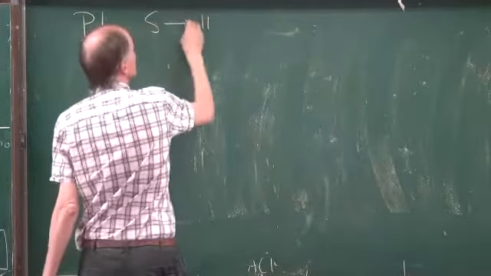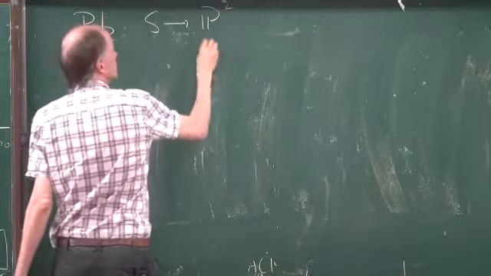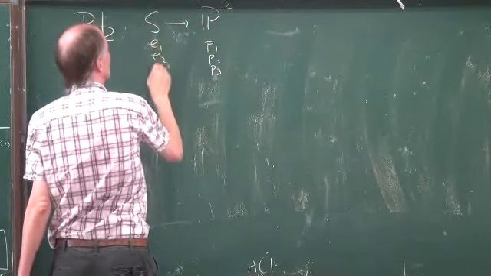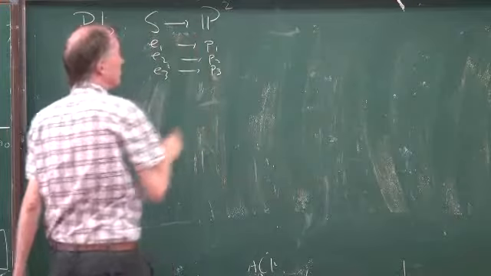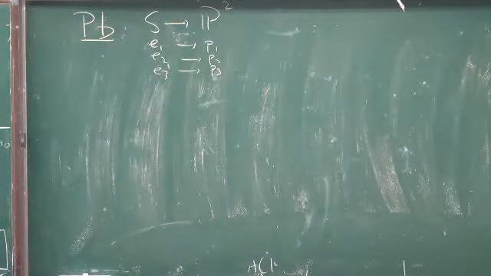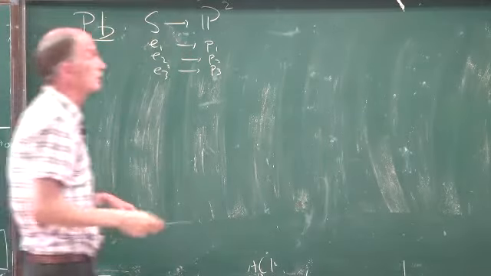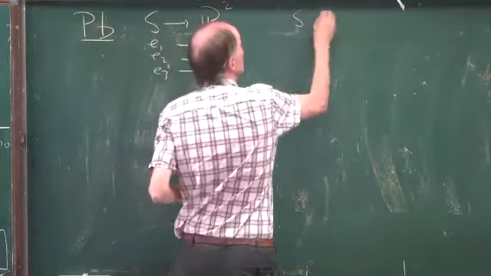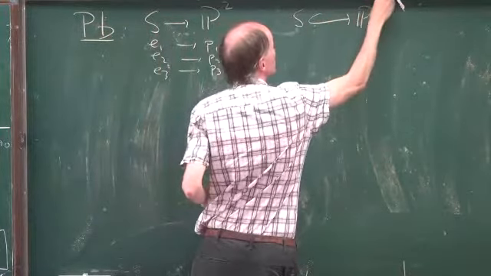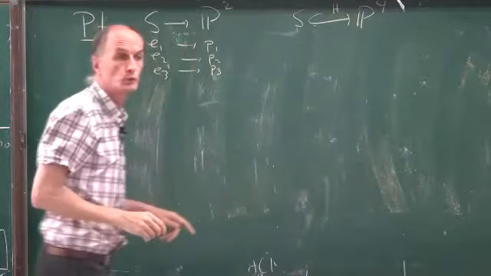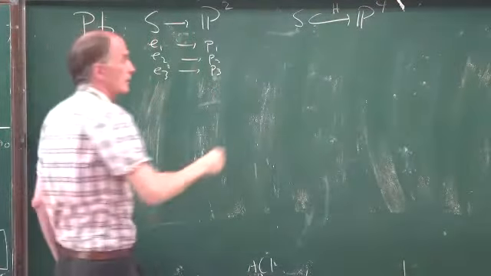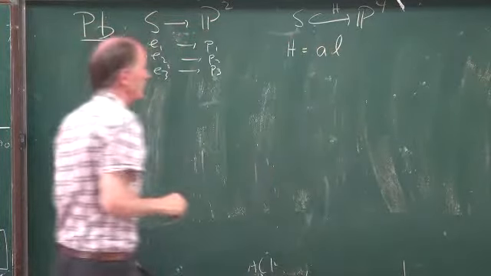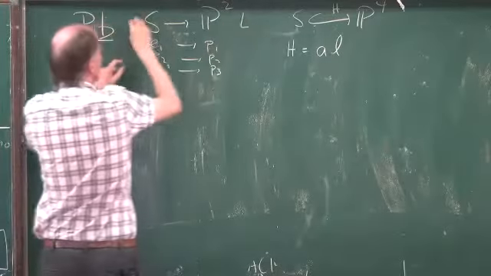So S, I've blown up 3 points. So any linear system on this, if it's going to be embedded in P4 by some H, then this H must be of the form A L. I'm using the same notation all the time here.